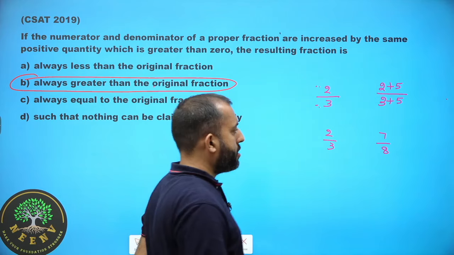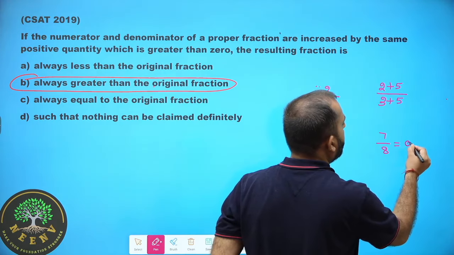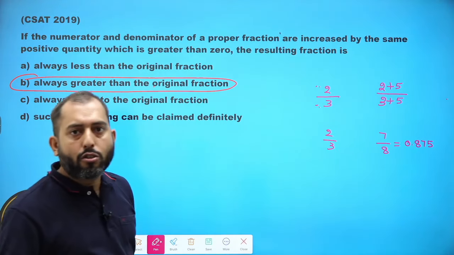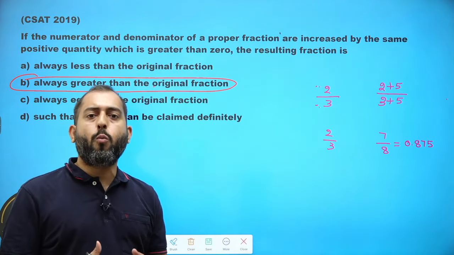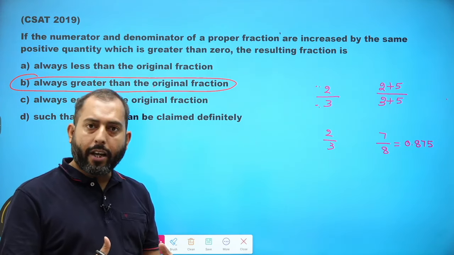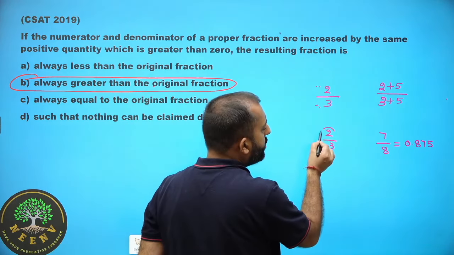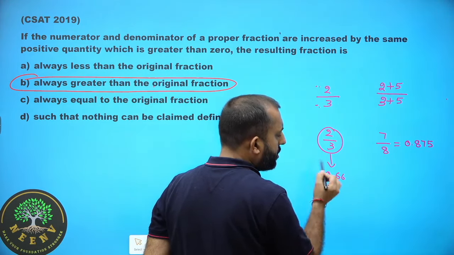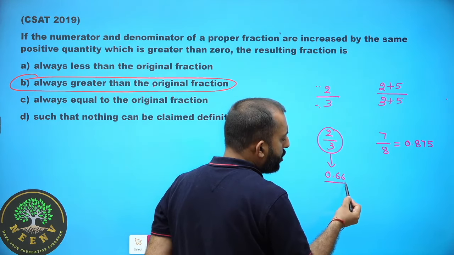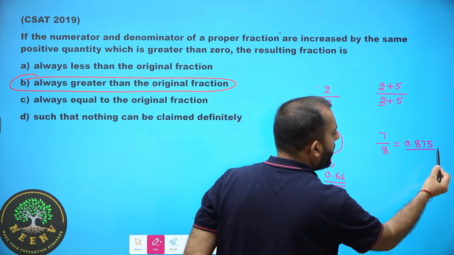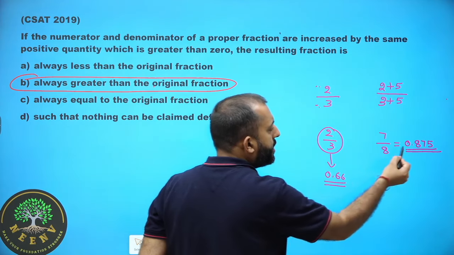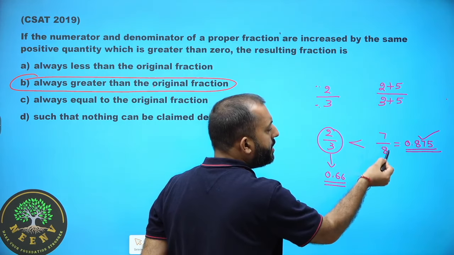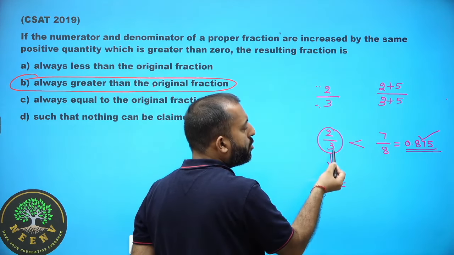And if you solve this, 7 by 8 is approximately 0.875. If you solve 2 by 3, it is 0.66 something. So out of 0.66 and 0.875, which one is greater? 0.875 is greater, which means 7 by 8 is the larger value as compared to 2 by 3.